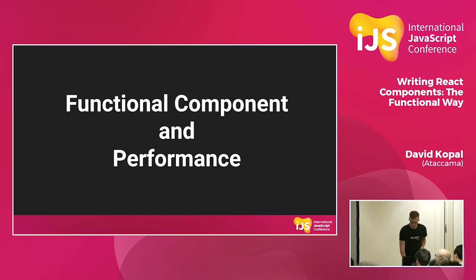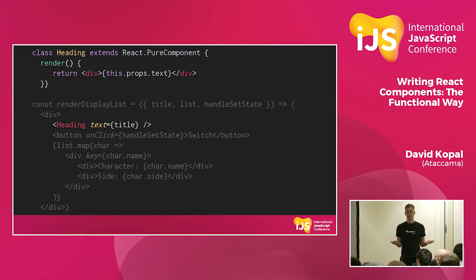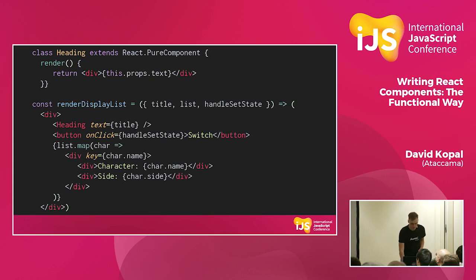Now, let's see it in action. Here we have our render display list component, and we created a new heading class component. We place the heading inside render display list. What heading does is just display some text, the title, and we pass it a title prop. The title prop is static, it never changes, so we don't need to re-render the heading component whenever the render display list re-renders, that is, when you press the on-click button, because the prop is still the same.